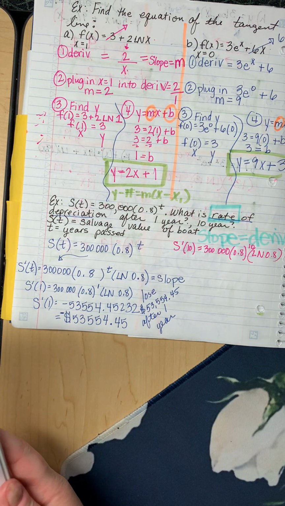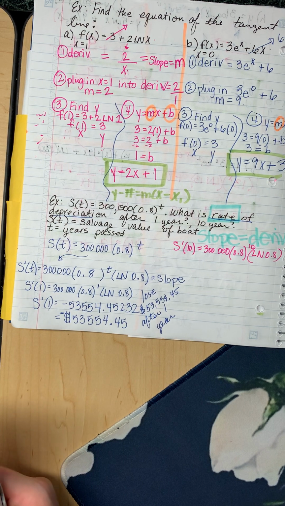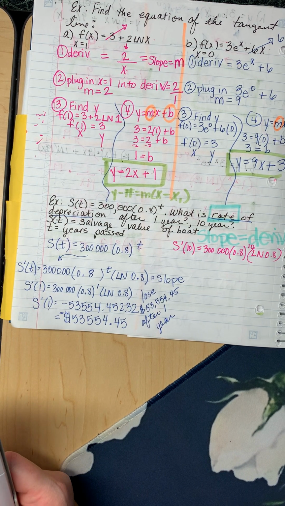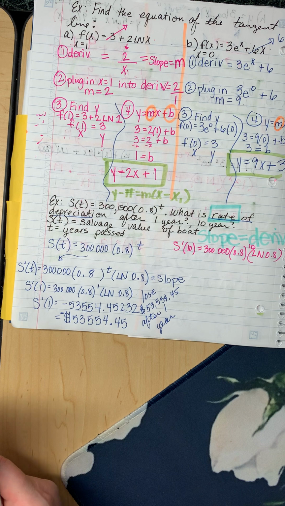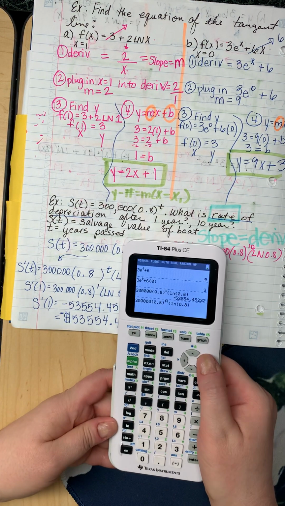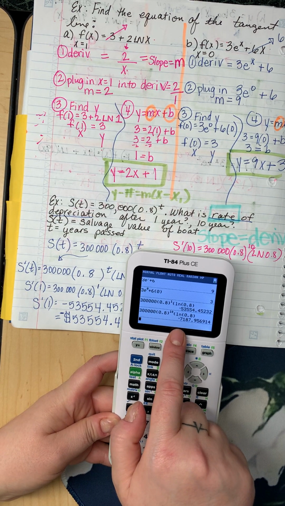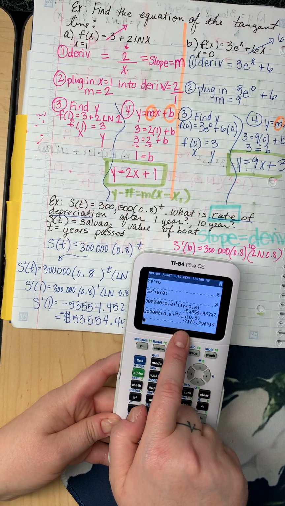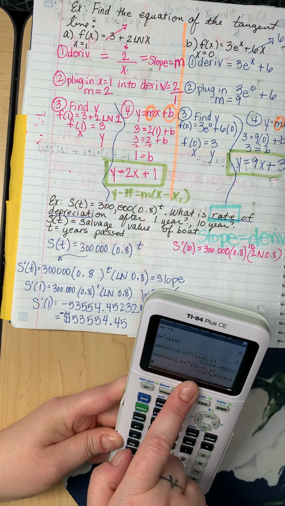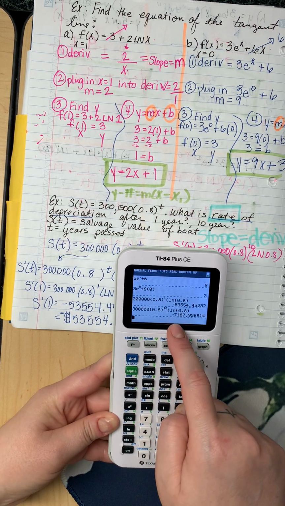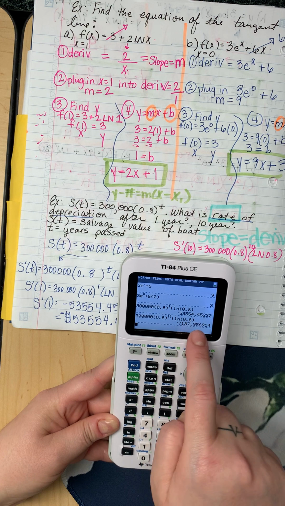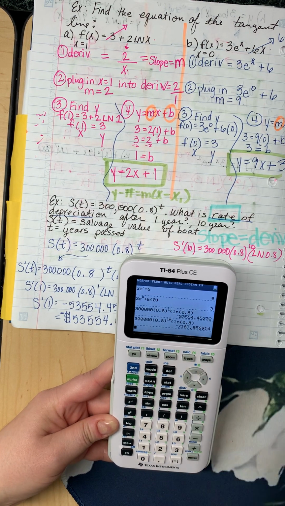Okay, and now I'm going to type it in. So I put a 10 up in the air, and oh my gosh, negative 7,187.95.